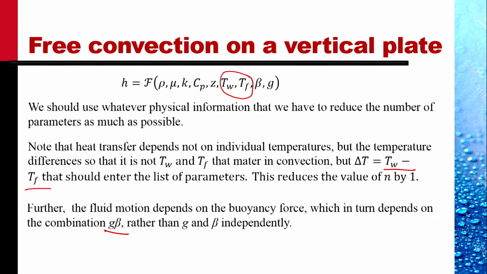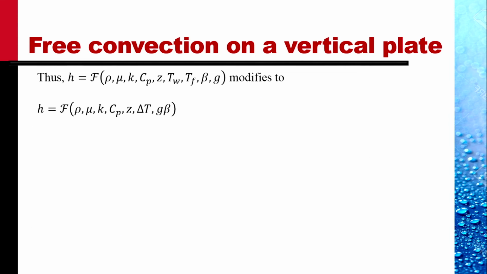So this means that these two combine to give g beta, and that further reduces n by 1. So that the original equation modifies into this equation.